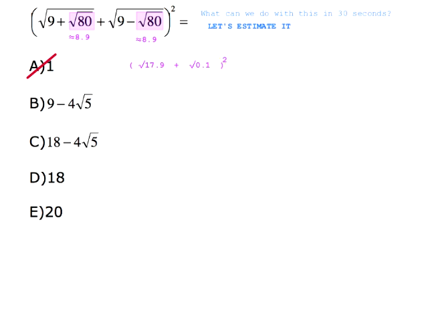So if you really don't have a lot of time, then you can estimate that as the square root of 18, approximately. And then you can just kind of ignore that because it's so small. So this is going to be about 18. Now, it doesn't mean you're done, and it doesn't mean the answer is D.